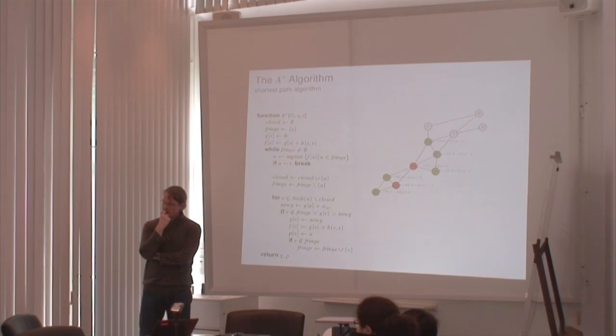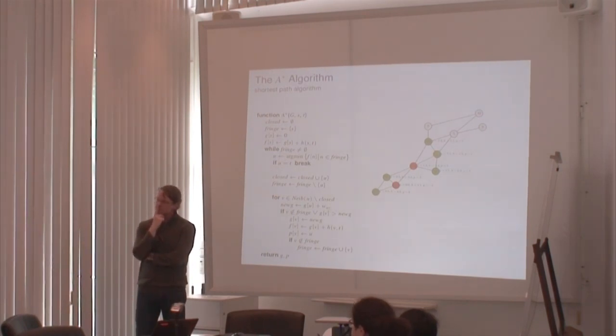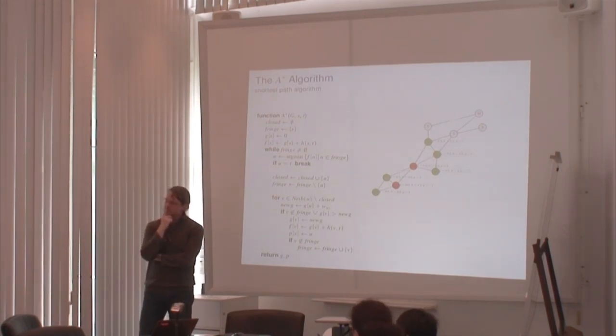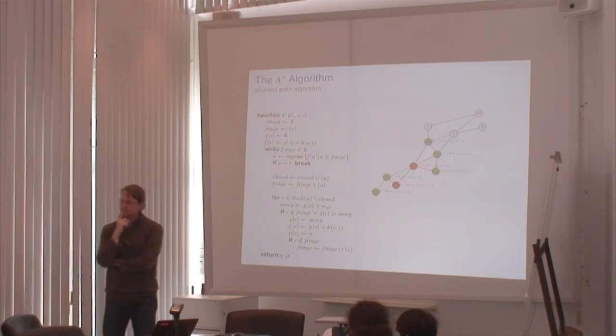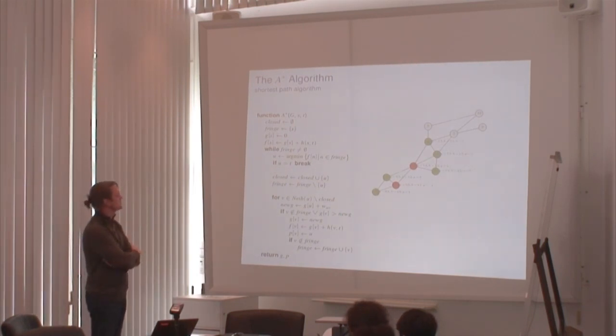I may be mistaken, but your algorithm breaks at that point. Because we are taking the arg min of f(n) where n is in the fringe, right? Yeah. So in our case, in the second step we have 3 and 1 in the fringe, and f(n) is described as g plus h, right?